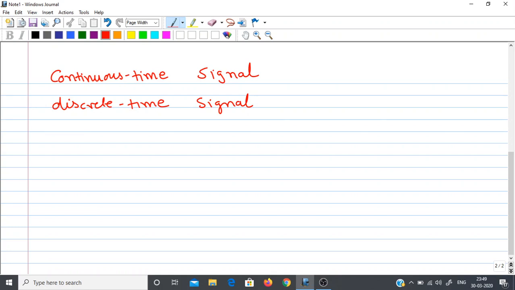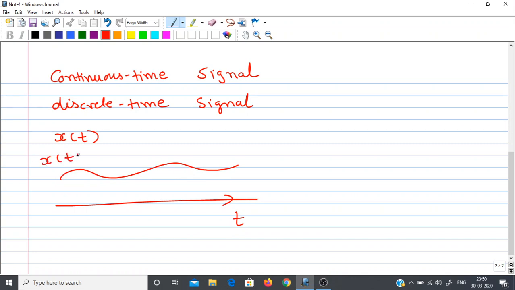So first, in brief, we see what a continuous time signal is. Let's say x of t is a signal, where t is the independent variable, you can assume t is time, and x is the dependent variable, you can assume it is the amplitude of a current or voltage or temperature. Let's say this x of t is like this. Now if t belongs to R, the set of real numbers, and x is defined for all these values of t, then we say that t is taking a continuum range.